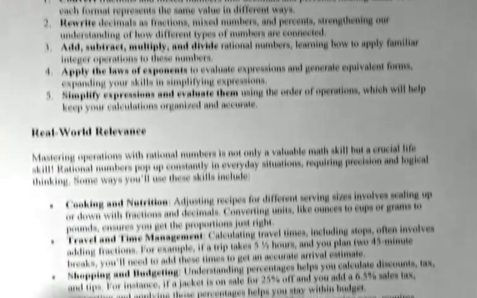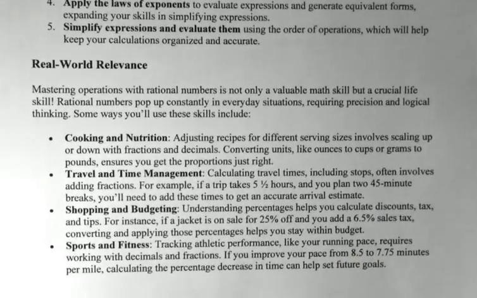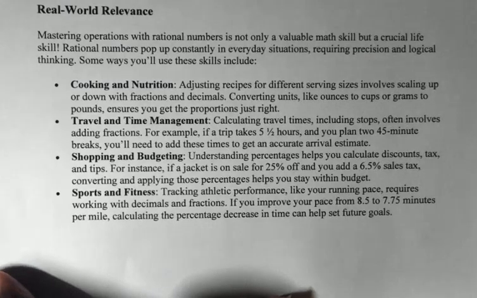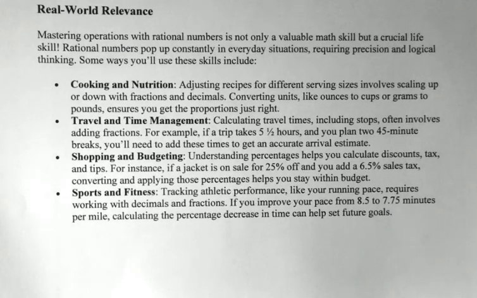So, of course, we always want to know, why do we really need to know this? And of course, I want to make sure that you understand that it does apply to the real world. So, they pop up constantly in all types of situations, and they do require precision and making sure that you're using logical thinking.